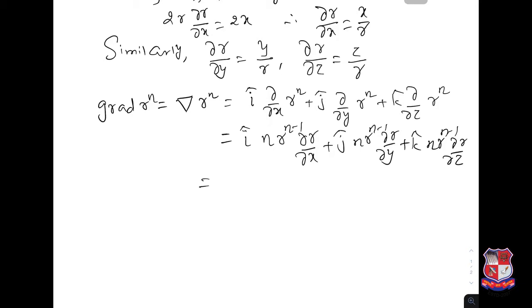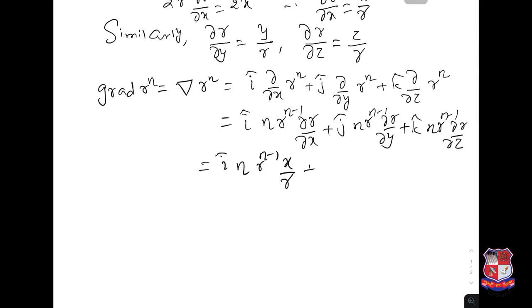Now we have del r by del x is x by r. So i n r power n minus 1 x by r plus j n r power n minus 1 y by r plus k n r power n minus 1 z by r.